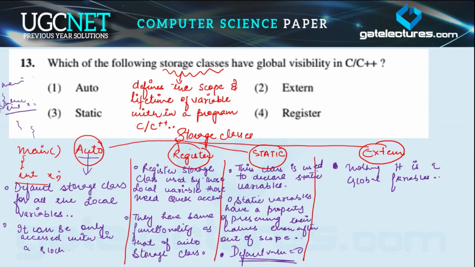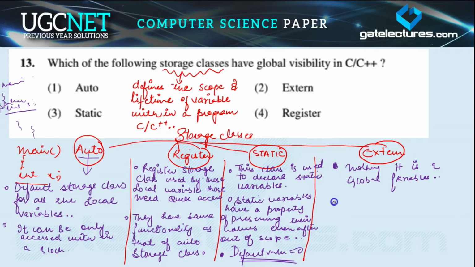Okay, so it can be accessed within any function or in any block. The value, according to the need, is going to be overwritten. You can change the value of this global variable in some other block apart from where it is declared.